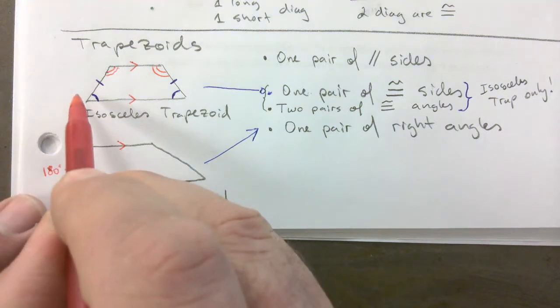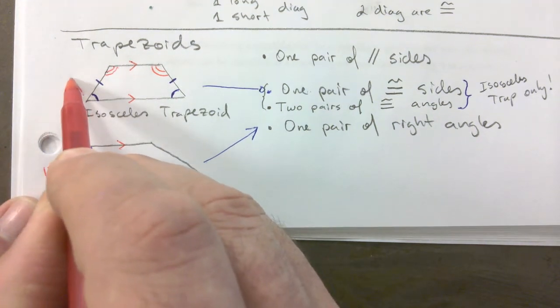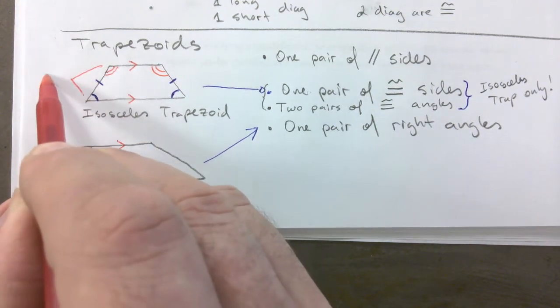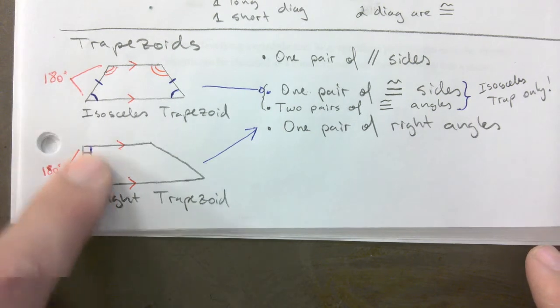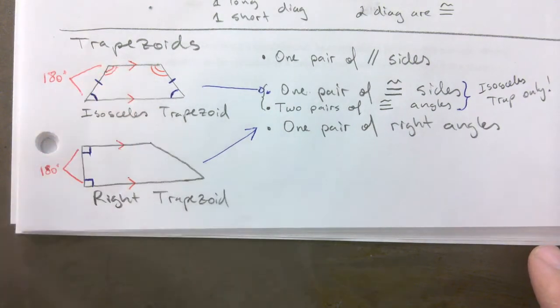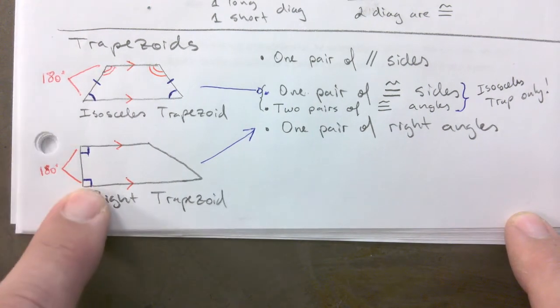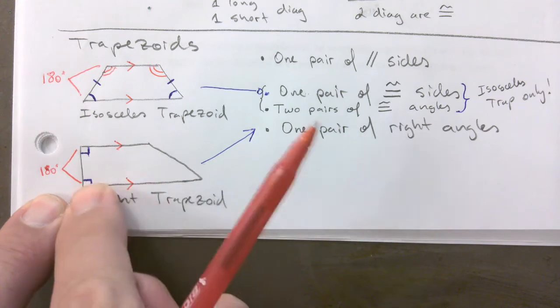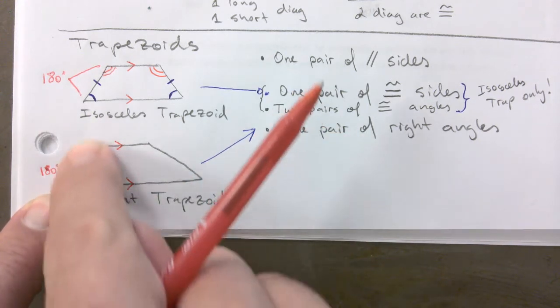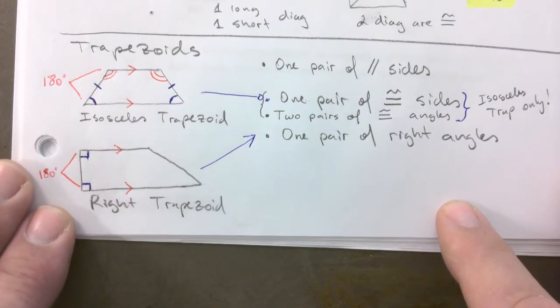But it's true for all of them. That's going to be very helpful later on, knowing that they're always 180 if you add up the one at the base and the one at the top. Like that, they're always 180. It doesn't count this way, but this way, yes, always.